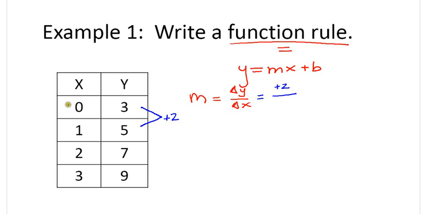over the change in x, and to go from this x to this x, it goes up 1 unit, so this is a positive 1. So here I have the change in y, and here I have the change in x. Now this means that if there's a constant rate of change, that for each additional interval that's the same, the slope, or the change in y, should be proportional to the change in x.